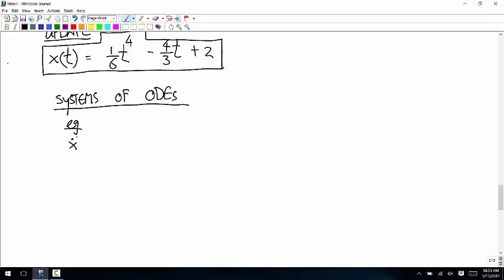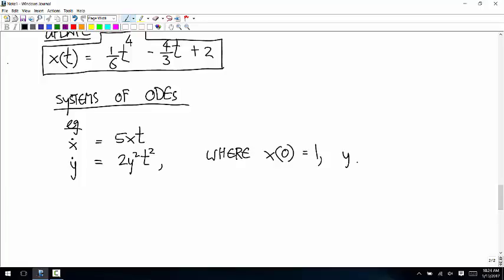Let's say x dot is equal to 5xt, y dot is equal to 2y squared t squared, where x of 0 is 1 and y of 0 is 5.